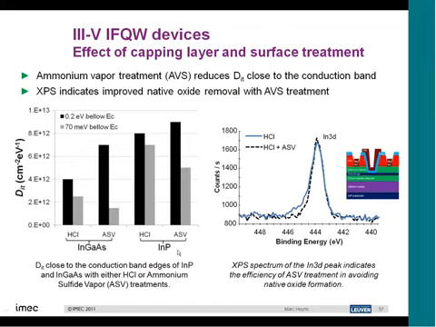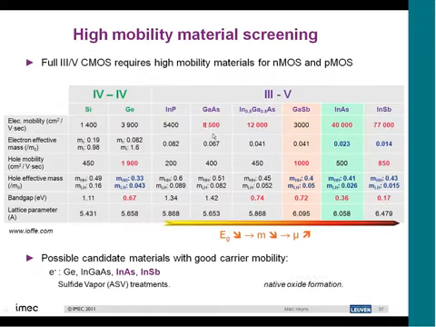You see that actually the DIT close to the conduction band edge of the indium phosphide actually is higher here than for the indium gallium arsenide. So it's actually in this case not a good idea to have the indium phosphide layer, but definitely having the vapor deposition treatment actually is a very good idea.